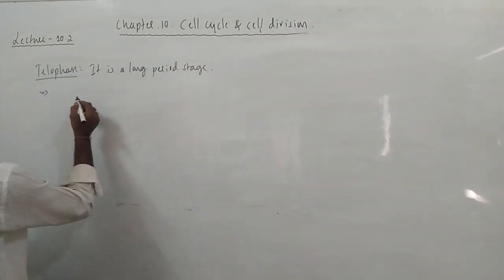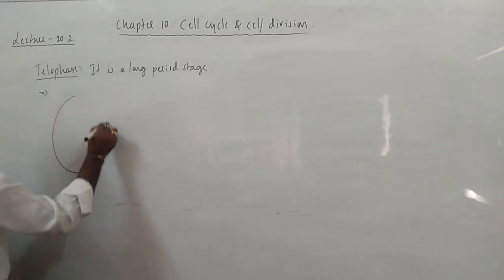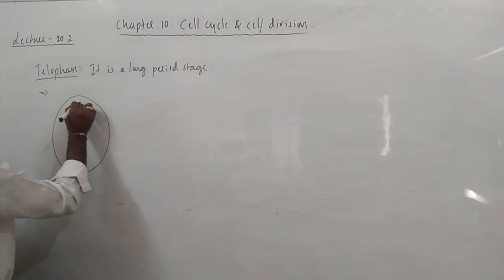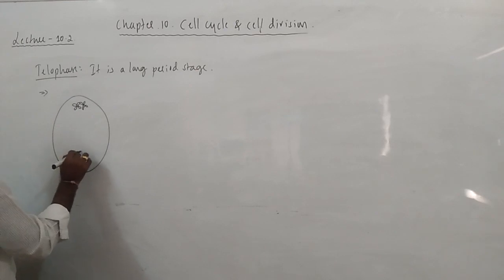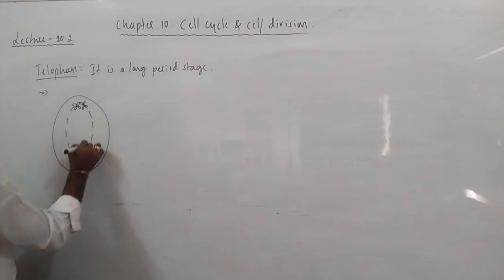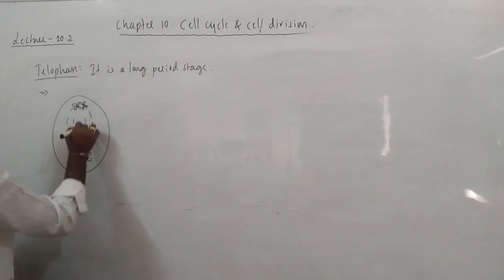See here, this is the animal cell, and the chromosomes reach the poles over here. This is one chromosome, another chromosome. The spindle fibers are also still there.